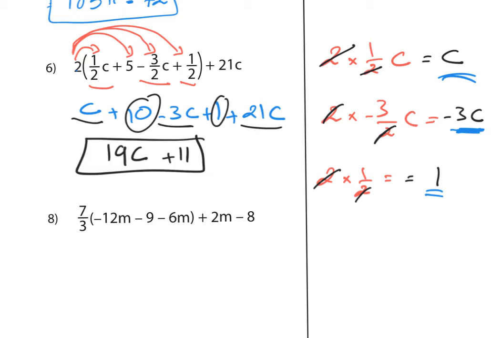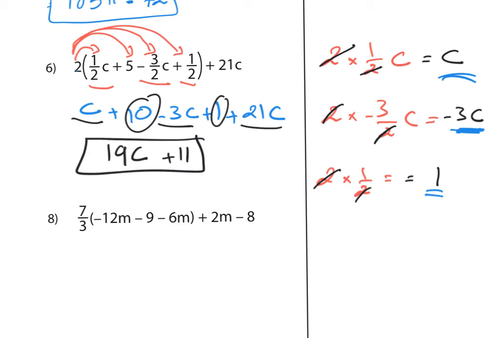Right, let's jump to number 8 here, because I have a fraction and I want a similar example to the previous one. Again, we have 7/3 times the parentheses, negative 12m minus n minus 6m, close parentheses, plus 2m minus 8. Well, we can combine inside the parentheses now.